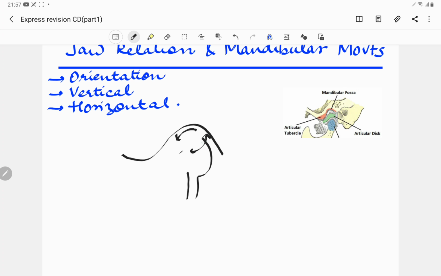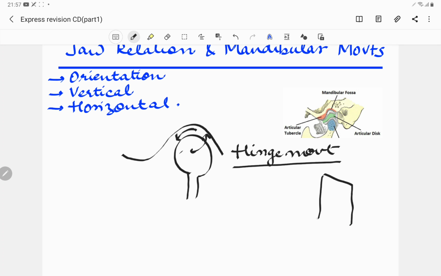So this is our hinge movement, where there is pure rotation happening. Hinge movement, you have seen doors in our houses. If you open a door, the door joint is going to be in its own position, right? Suppose this is the door and this is the handle.